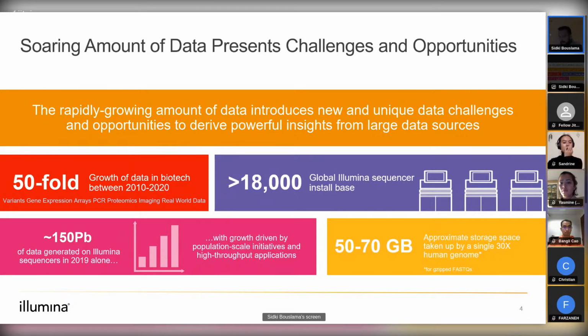Just to give you some numbers, in 2019, just on Illumina sequencers alone, we generated about 150 petabytes of data. And that number keeps increasing. I can tell you with high confidence that that number exploded after 2019, especially with the increased interest in anything to do with genomics and bioinformatics that came with COVID.